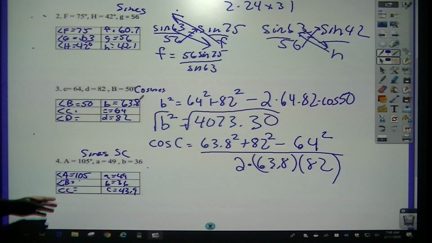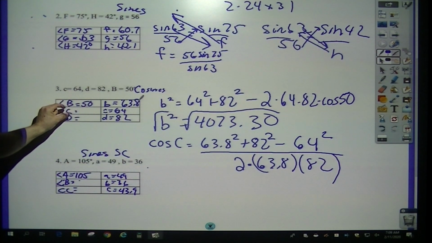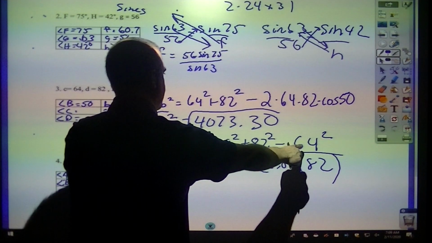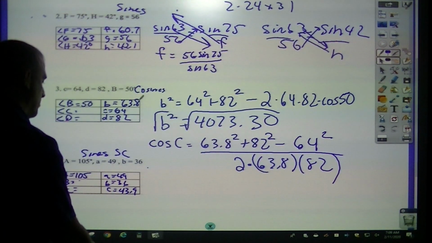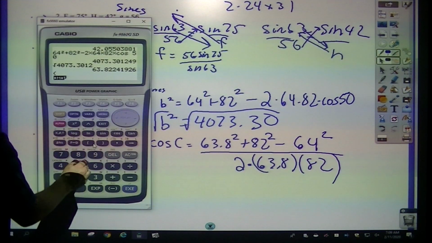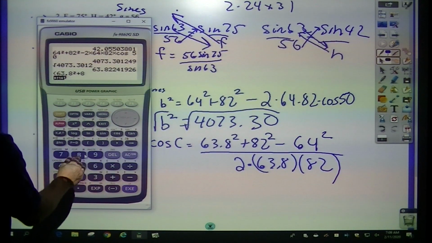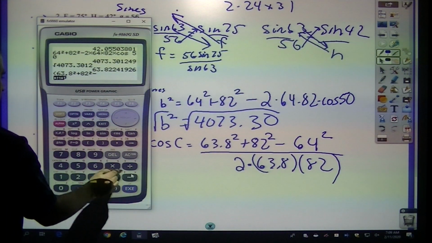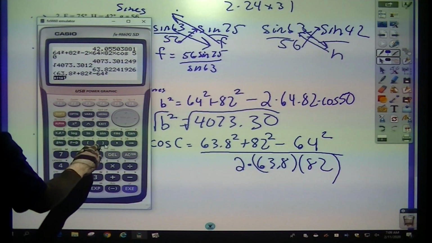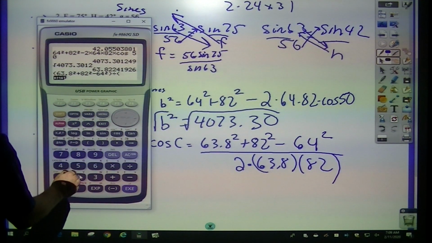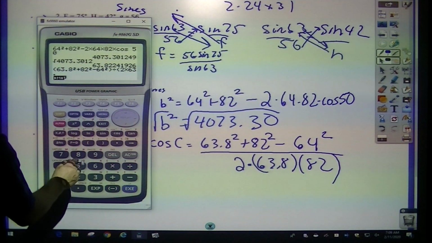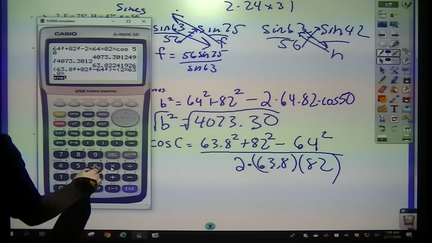Now I want to find an angle, so if I want to find C, then the C amount goes there. That's the way that formula works. So I would type in the top part, 63.8 squared plus 82 squared minus 64 squared, divided by 2 times 63.8 times 82.